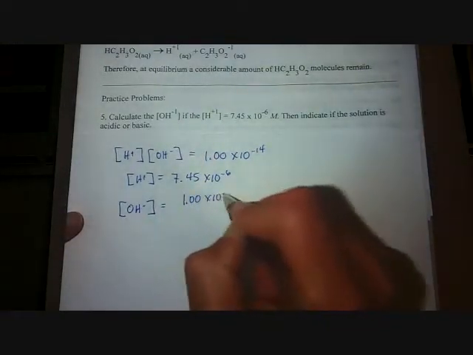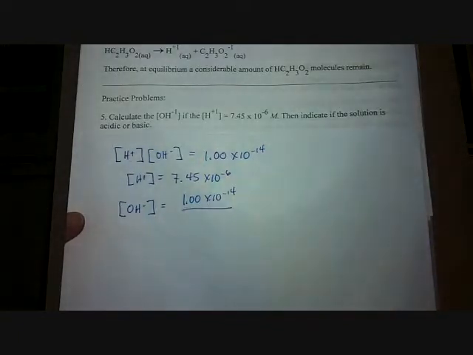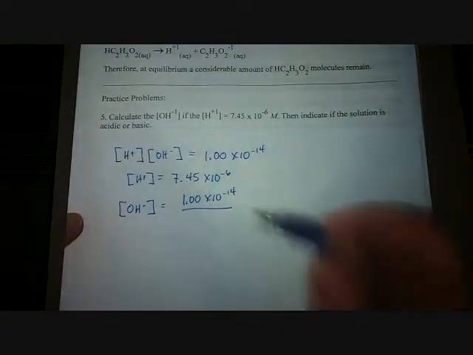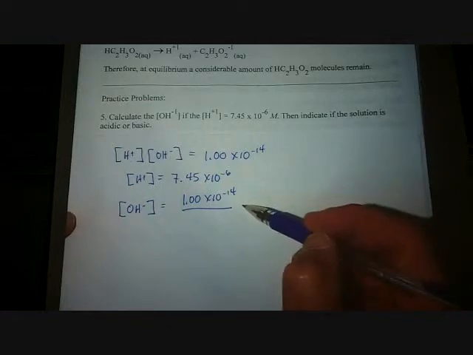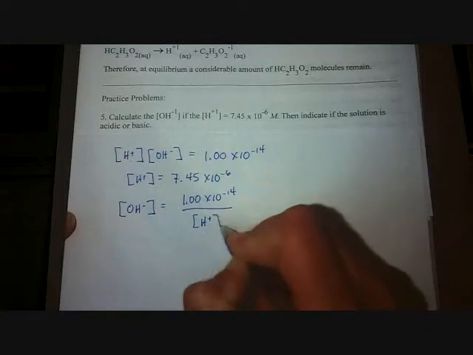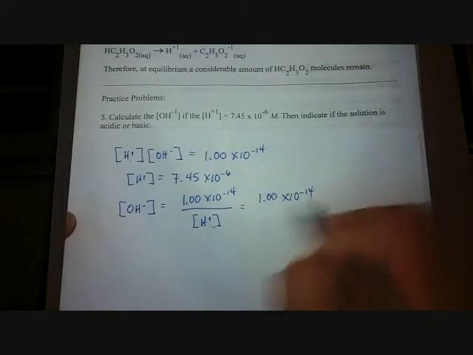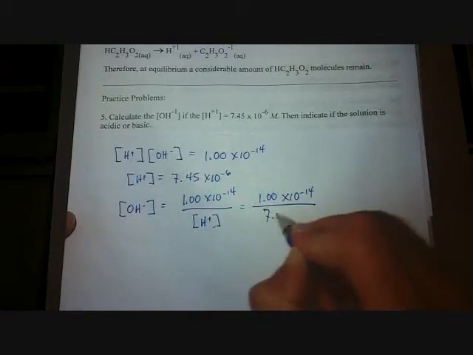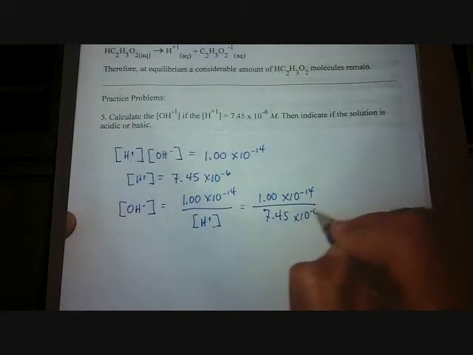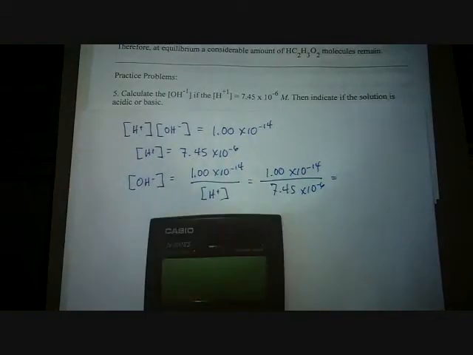And 1.0 times 10 to the negative 14 will always be on top. Everybody hear that? 1.0 times 10 to the negative 14 will always be on top. And since we know our hydrogen concentration, we'll put it right down there. So it looks like that, and that's equal to 7.45 times 10 to the negative 6. Then make sure your calculator can get you a good solid number here.